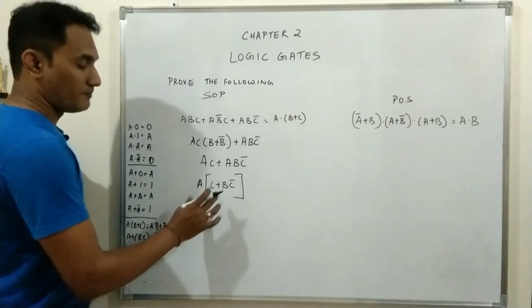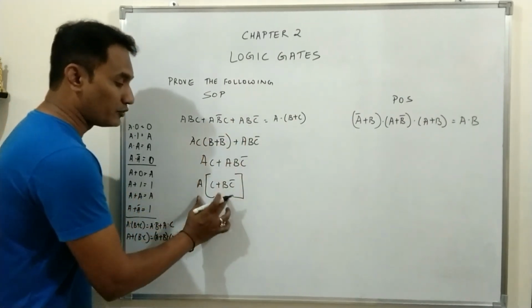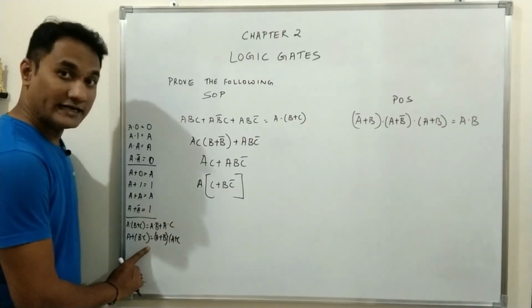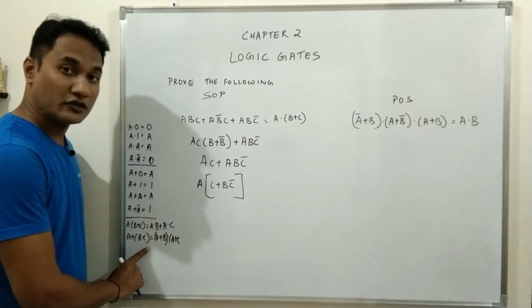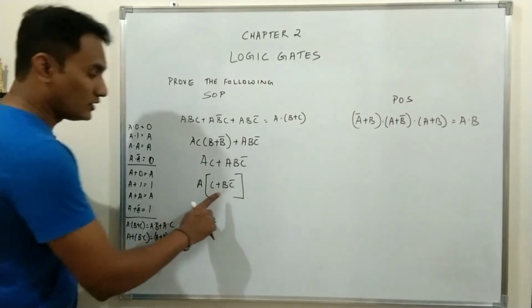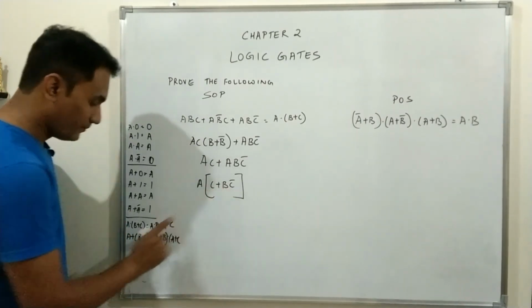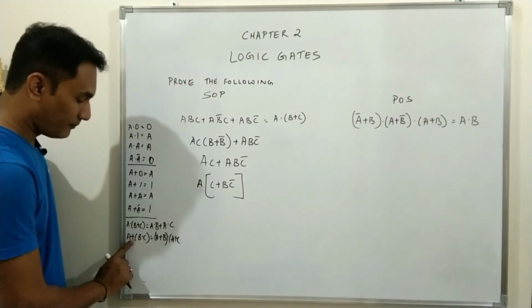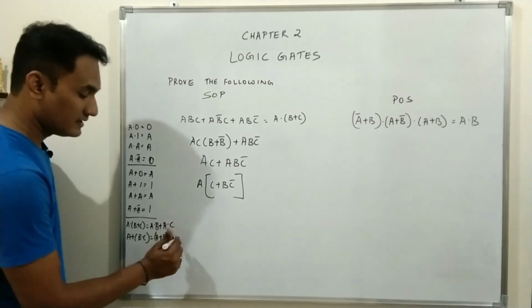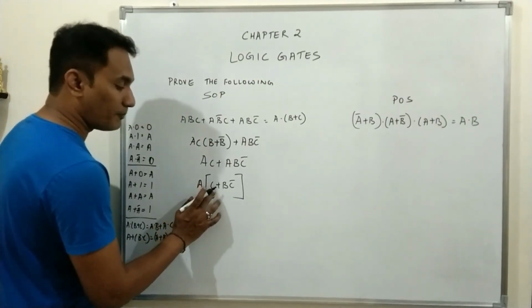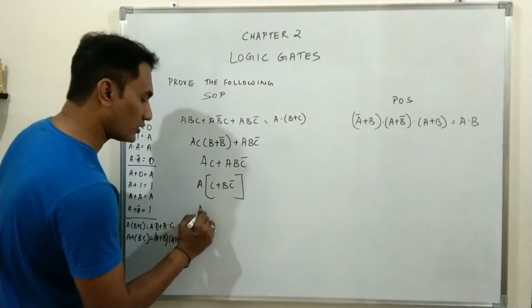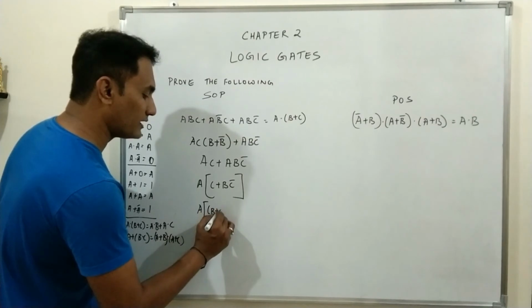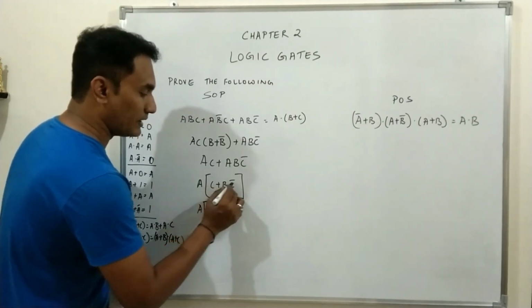Now of course it is very easy to solve up to this point, but at this point we will use the distributive law. Therefore it is very important that you remember the distributive law. What is the distributive law? A plus B dot C equals A plus B dot A plus C. So when you apply the distributive law inside the bracket, C plus BC' can be written as B plus C dot C plus C bar.